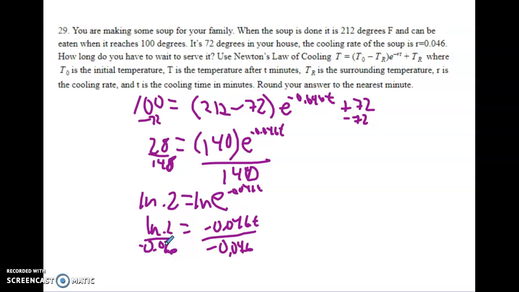I always like to do that just to make sure I'm doing the steps right. So what this says is, about how long do you have to wait? That would be about 35 minutes for your soup to cool down enough to eat.